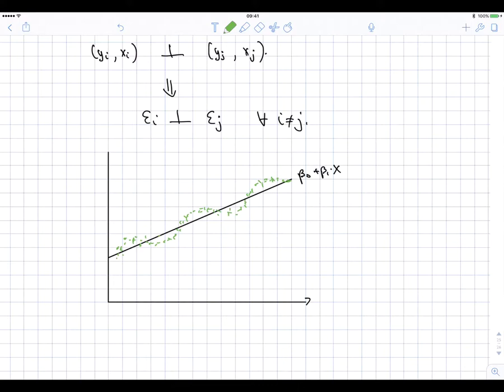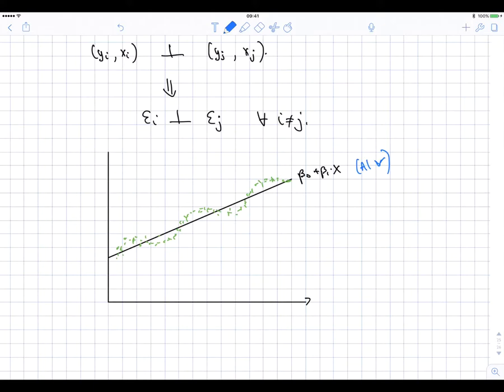Basically I'm telling you that A1 holds. But you see this. What does this pattern tell you?